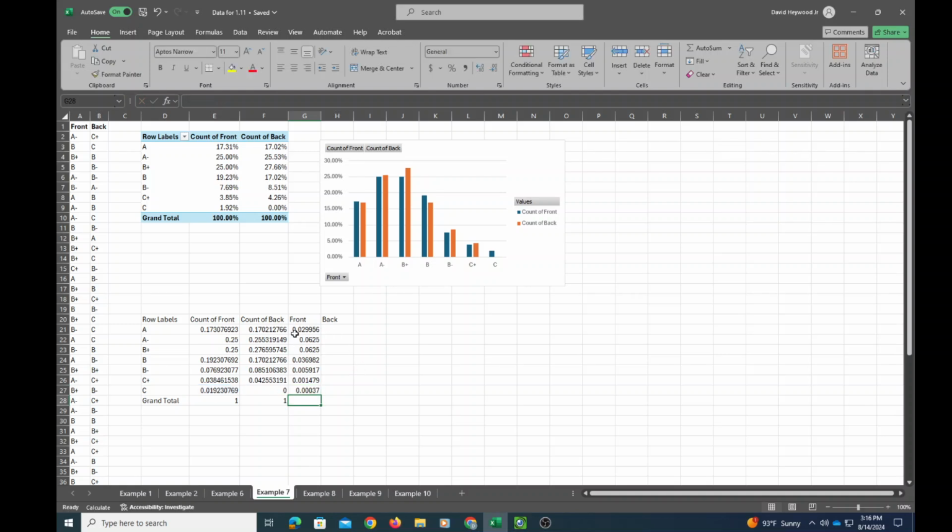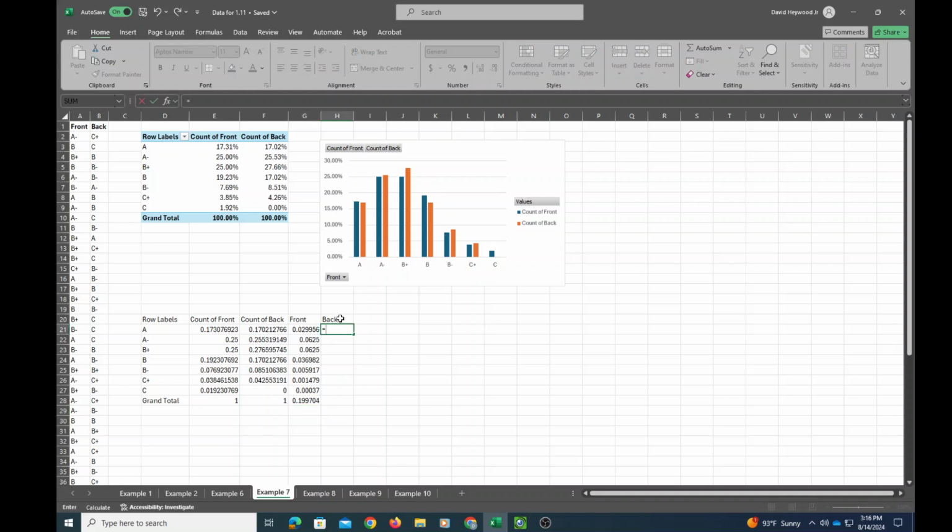Okay, and then I want to find the sum of those, so I'm going to say equals sum, and we'll add these up. Okay, and then we'll do the same thing for the back.